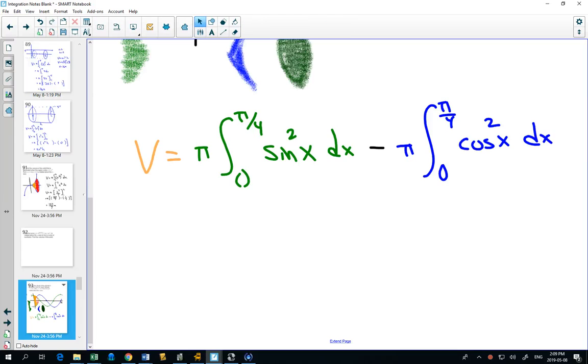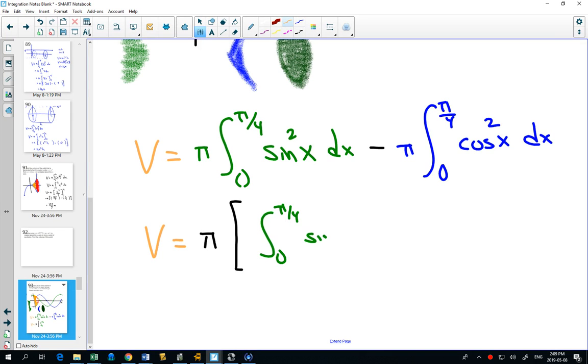So instead, what we do is we use some of our properties for this one. Can you see that I could factor out a common factor of pi? That would leave me with my green integral from 0 to pi over 4 of sine squared dx minus my blue integral from 0 to pi over 4 of cos squared dx.